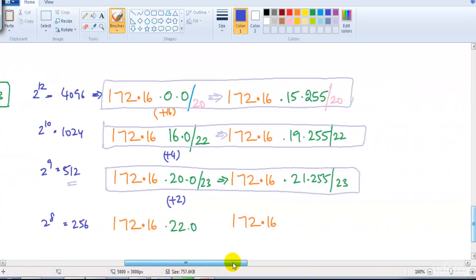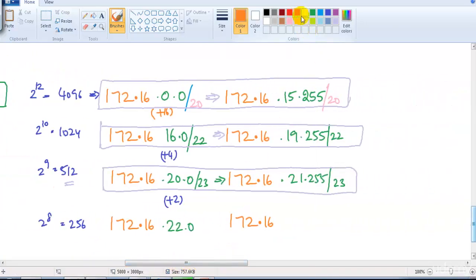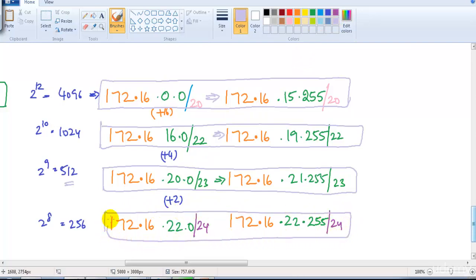So the range will end on 22.255, because when you're starting from 22.0 to 22.255, we get exactly 256 addresses, and the /value will be /24, equal to C class.